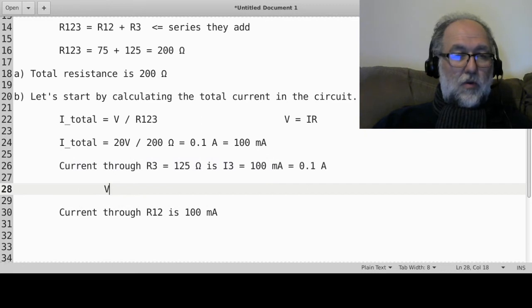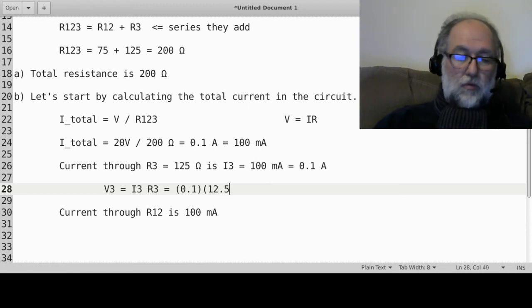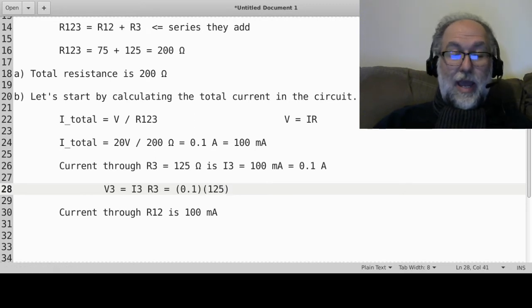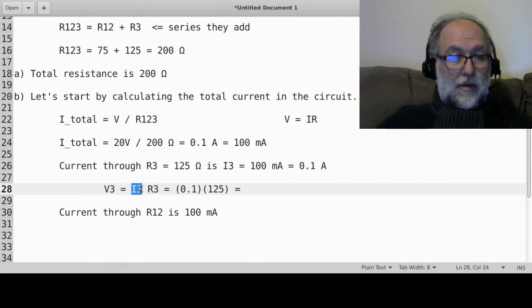And so you know what we can say? The voltage across number 3, which we can call V3, is going to equal I3 times R3. And what's that going to be? Well, I3 is 0.1, and R3 is 125. My brain was jumping to the answer there. Okay, so I3 is 0.1 amps.